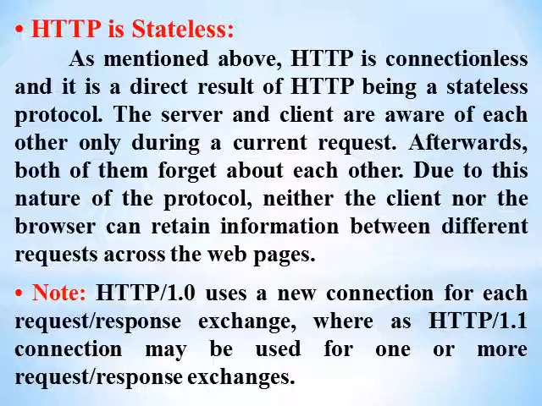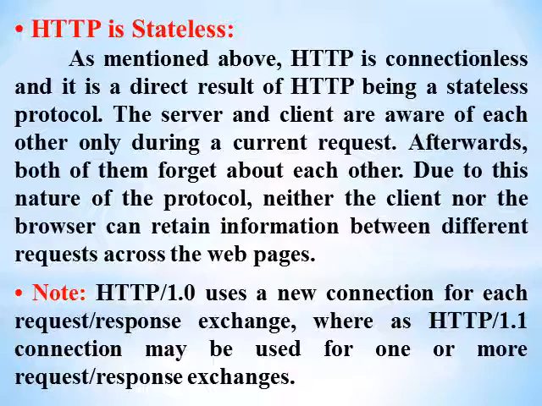Now, an important note is there. That note is nothing but HTTP 1.0 uses a new connection for each request or response exchange, whereas in HTTP 1.1 connections may be used for one or more request or response exchanges. HTTP 1.0 and HTTP 1.1 are nothing but the version types of the hypertext transfer protocol.